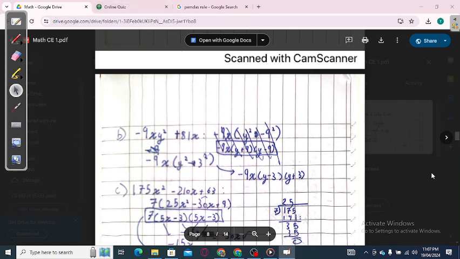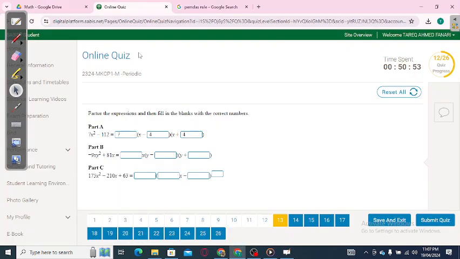Now this only works for a squared minus b squared. This does not work for a minus b in brackets squared. This doesn't work for a squared plus b squared. That only applies to a squared minus b squared. So negative 9x, y minus 3 and y plus 3.